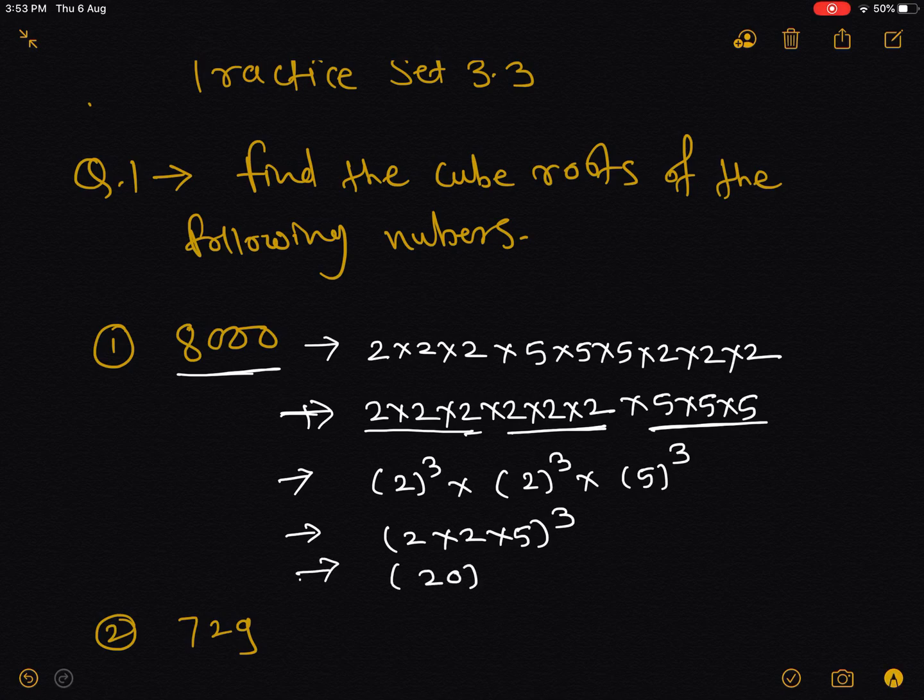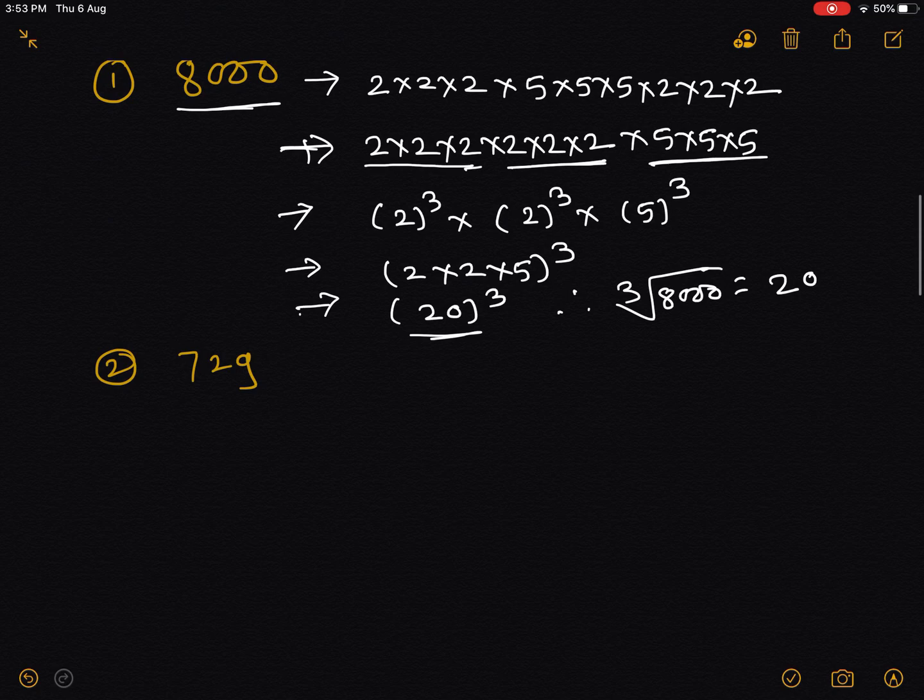Then we get here 20 raised to 3. Therefore, cube root of 8,000 equals 20. 20 cube is 8,000, that means cube root of 8,000 is 20.